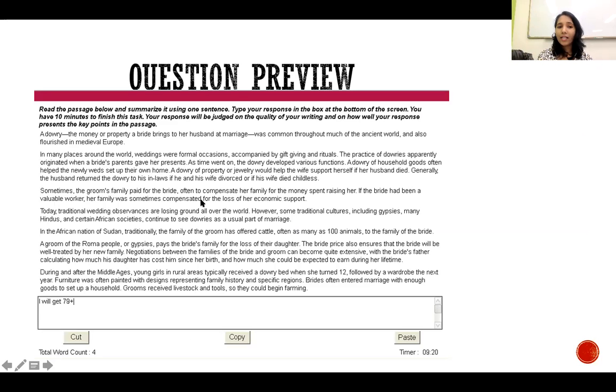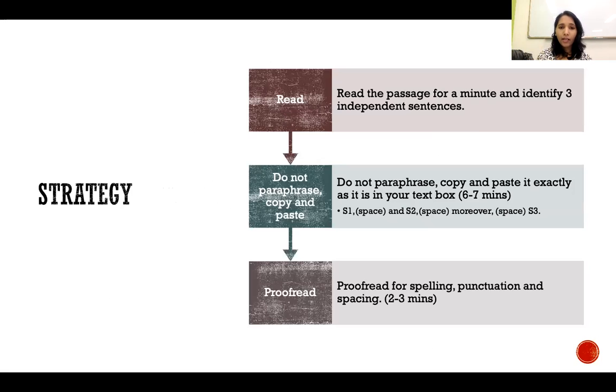So I'm covering the entire range of this passage. So I'm taking a sentence from the top, from the middle, and from the end. That's covering the entire text. Okay, so I take 3 sentences, so I don't bother paraphrasing it. I don't use my own words here because I don't want to make a mistake.